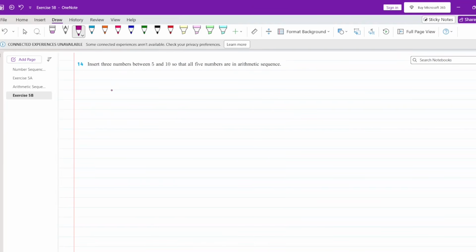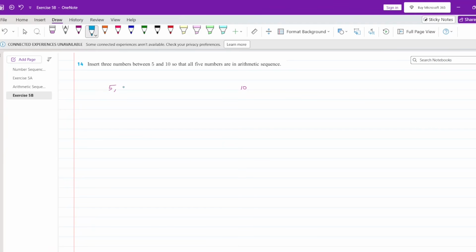Insert three numbers between 5 and 10. So we know we have 5 and we have 10, so that all 5 numbers are in arithmetic sequence. Whatever this term is, this can be first term, second term, third term, 100th term, we don't know.